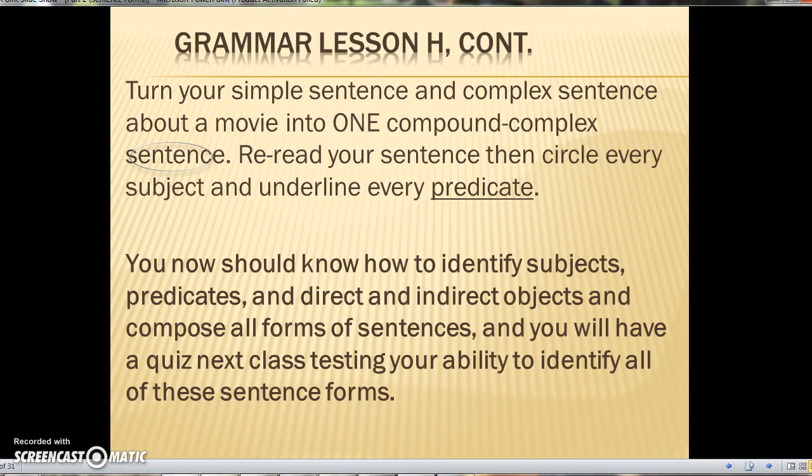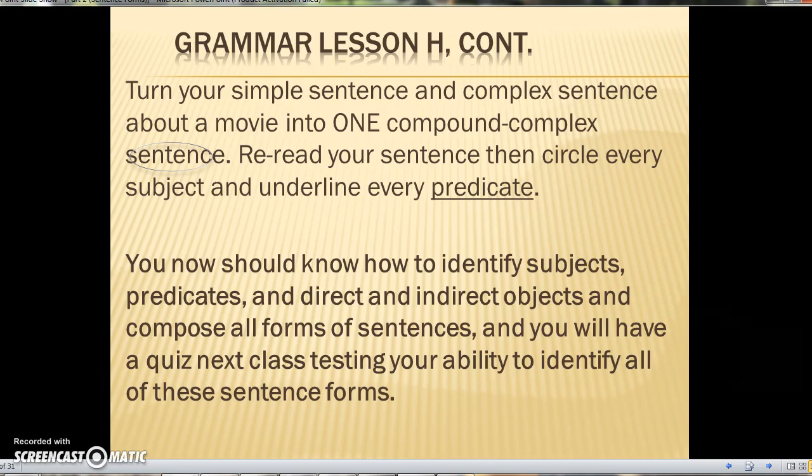Now, you may be asked to do something like turn your simple sentence and complex sentence about a movie into one compound complex sentence, right? Read your sentence and circle every subject and underline every predicate, all right?